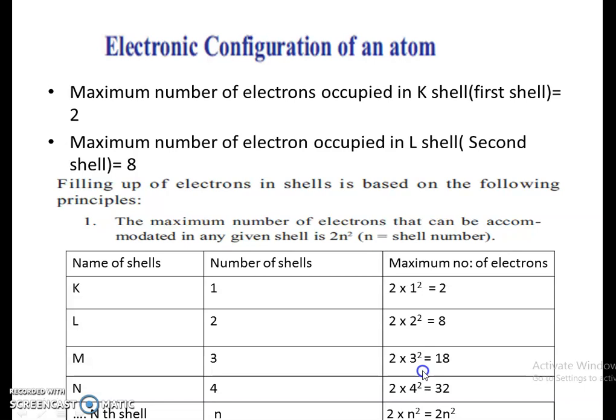That is called octet electronic configuration. Why does it follow this? If an atom has 8 electrons in its outermost shell, its stability is complete, it has the least energy and the atom is completely stable. That is known as octet electronic configuration.